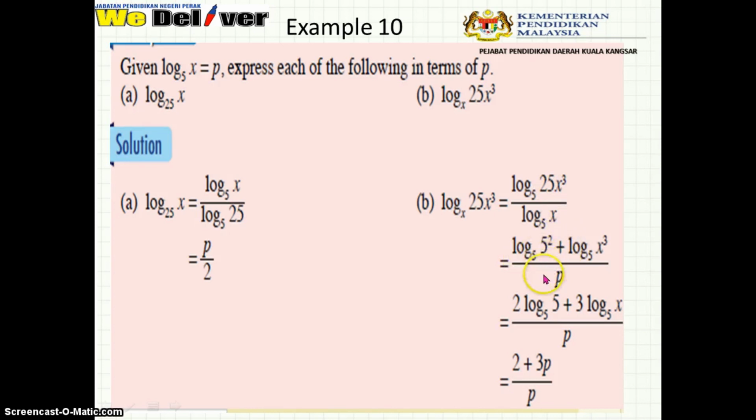Okay, and then 2 we shift in front, 3 we shift in front. So when the base and the number are equal, it equals 1. So 2 times 1 equals 2. Log x base 5 equals p. So we have 3p over p. So the answer is 2 plus 3p over p.